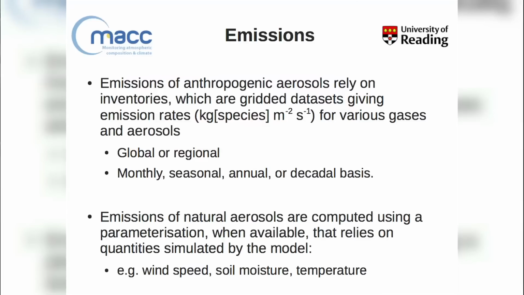Then we mostly rely on inventories for their emissions. So inventories are simply gridded data sets giving the emission rate, so kilogram of such species per square meter per second, for the gaseous precursors and the primary aerosols you need to include in your model.